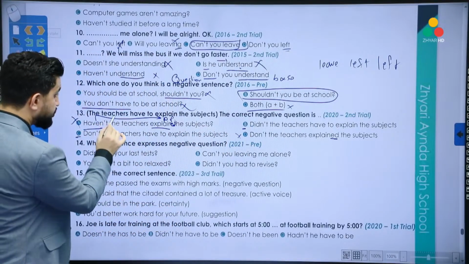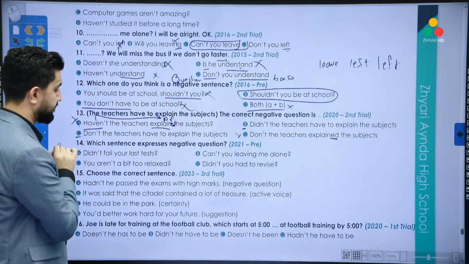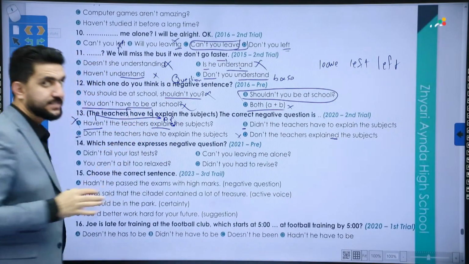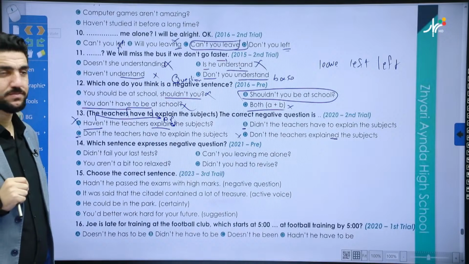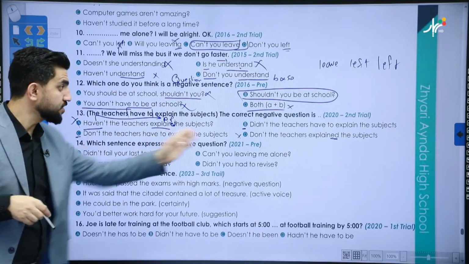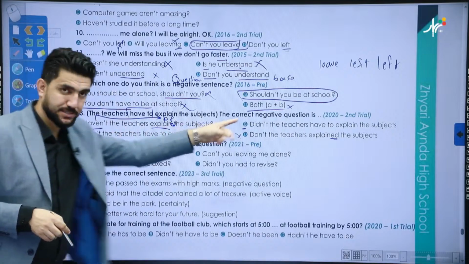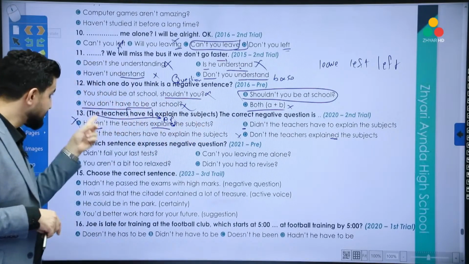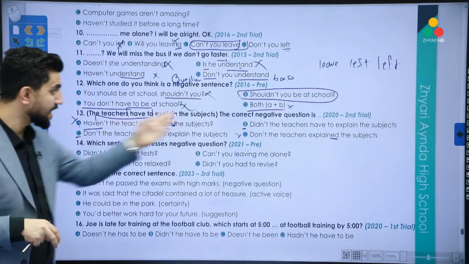Okay, the teachers have to explain. The teachers have to explain. Look at here. Is it present or past? Here, if it was had to, it would have been past. So these two are both correct. But according to the sentence, since it's present, didn't is wrong.